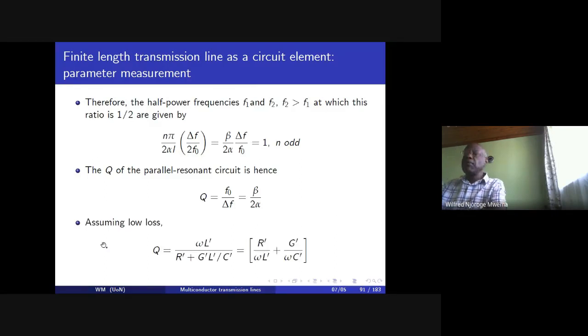So when we assume low loss, then alpha is also low, and therefore the Q is going to be given by omega L prime over R prime plus G prime L prime by C prime. And this is just going to be given by R prime by omega L prime plus G prime over omega C prime.